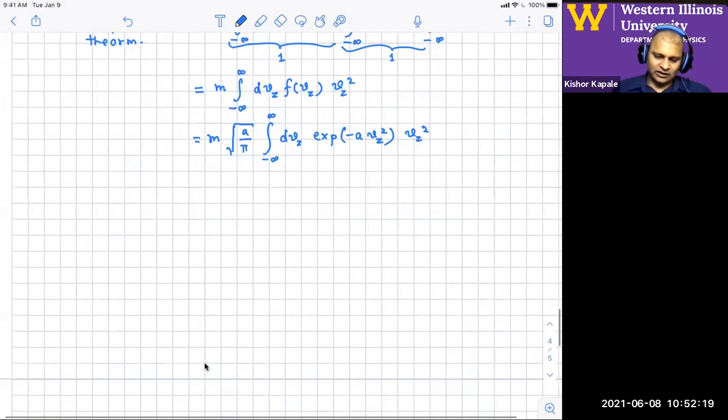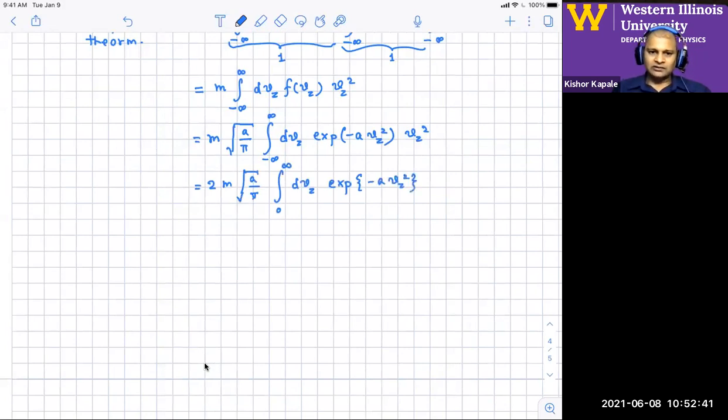Now we can do the integral. Because of the symmetry, you can take a 2 outside and change the integral from 0 to infinity instead of negative infinity to infinity. So we're only worrying about the positive values and just double the value of the integral, exponent of minus a vz squared.